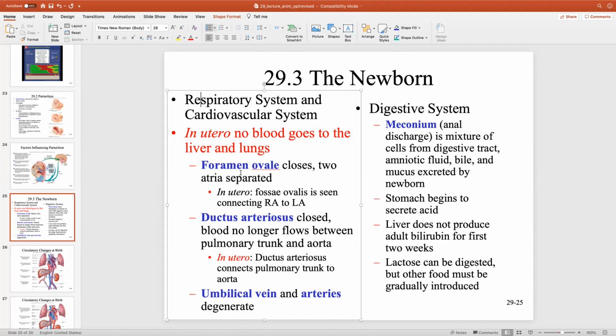So we're going to have two shunts. First shunt, the foramen ovale. What does it do? In utero, that foramen ovale was the fossa ovalis, right? It allows blood to go from the right atrium to the left atrium. What have we done?